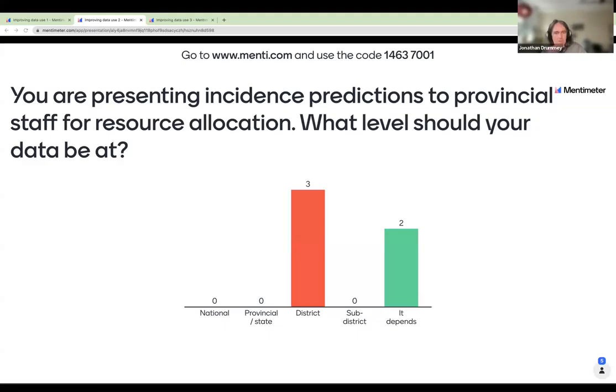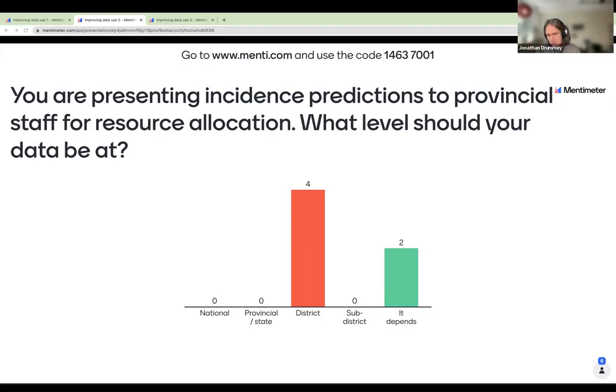So for the people who are voting for district, I'm guessing what you're thinking about is that when we're thinking about positioning resources, we don't just want to drop people and materials in the province. We want to be able to target them more appropriately. So in that case, going to a sub-level of that provincial level makes sense.